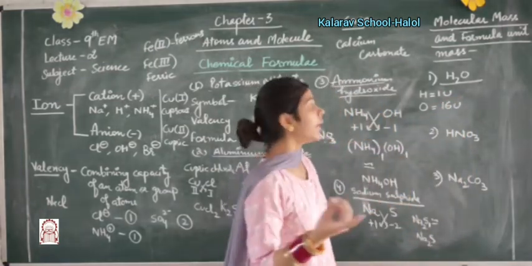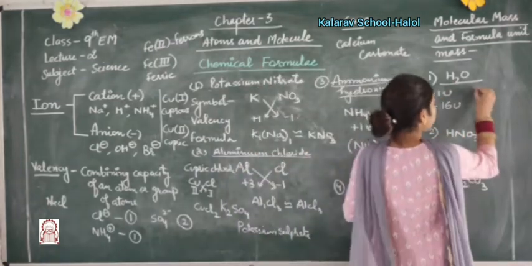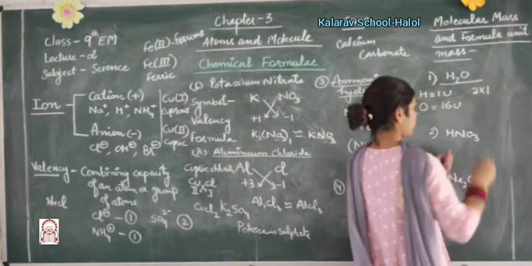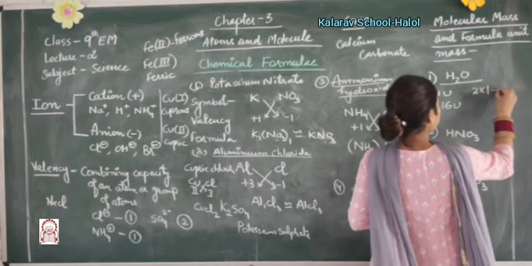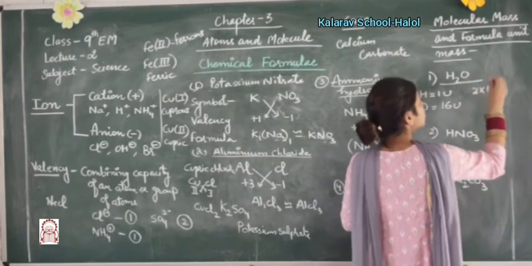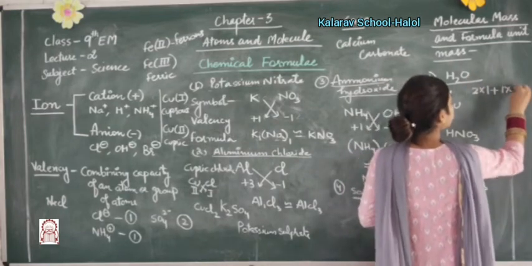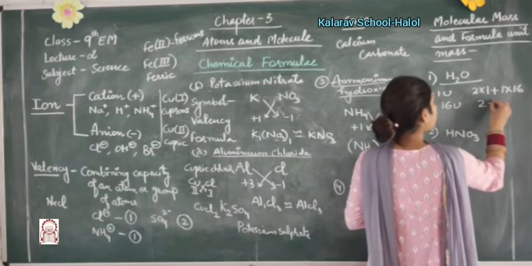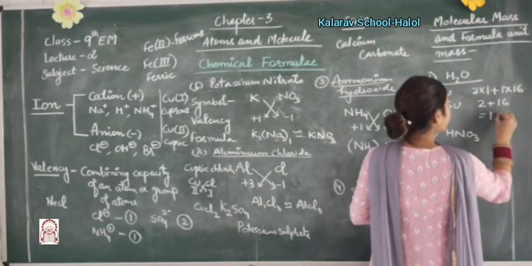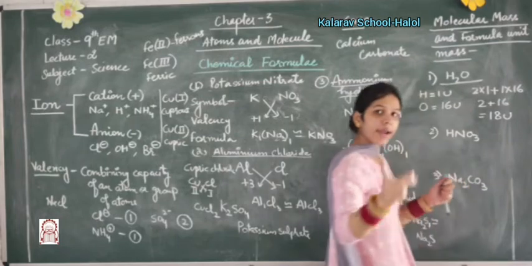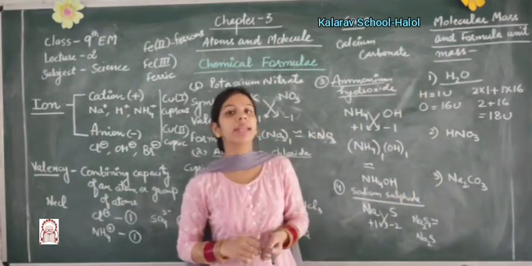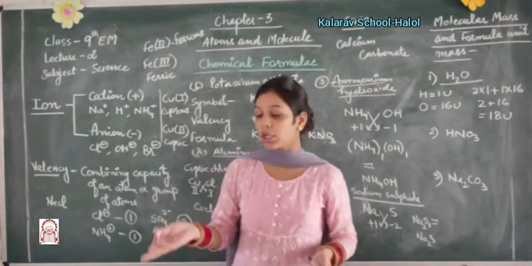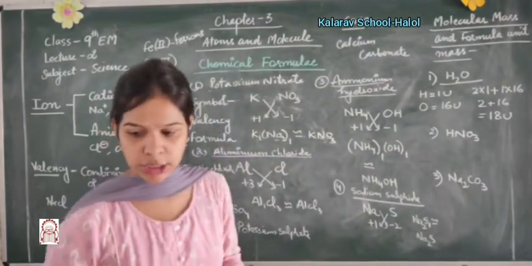So we get 2 into 1, because we have 2 hydrogen, plus 1 into 16, because we have only 1 oxygen. That is 2 plus 16, that is 18 U. U is the unit used for the relative atomic masses or relative molecular masses of different species.